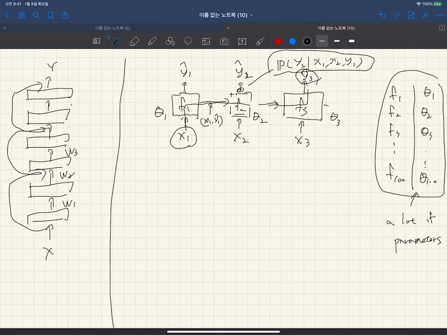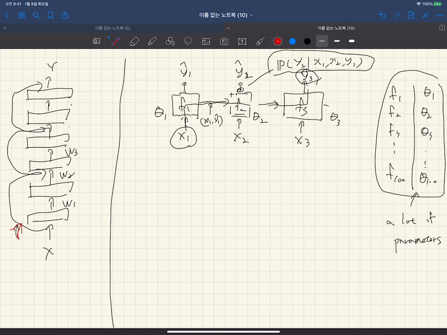Without a shortcut architecture like ResNet, wider ResNet or DenseNet, you cannot train the long-term relationship well because of the vanishing gradient and exploding gradient issue. So actually, this is a very difficult task to deal with various sizes of input and output. Why? We have to define a lot of parameters, and it implicitly contains a very deep architecture.